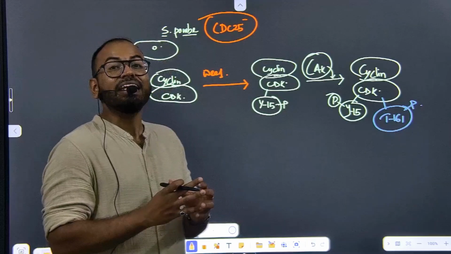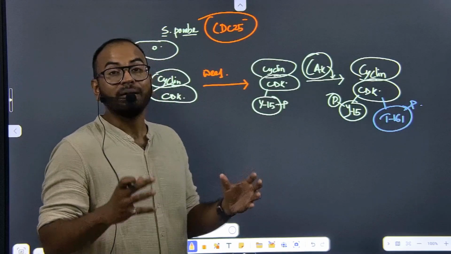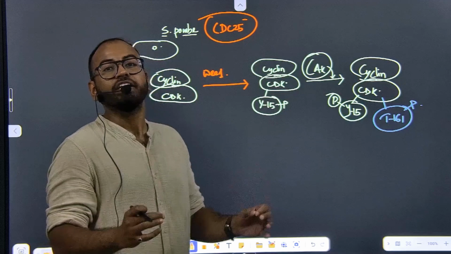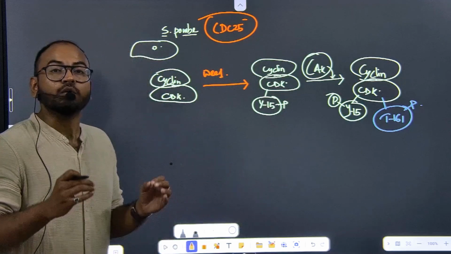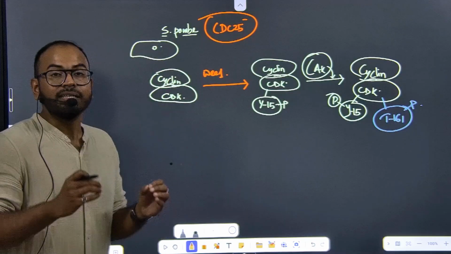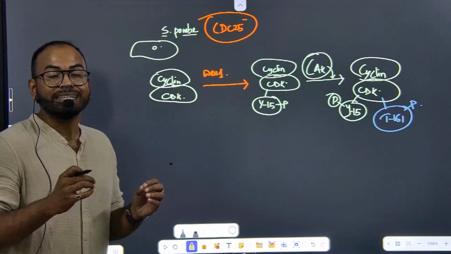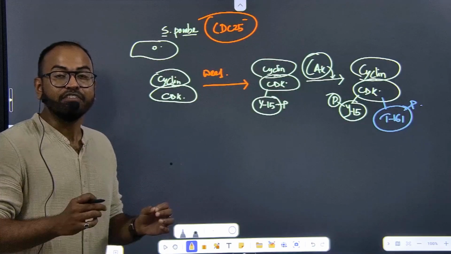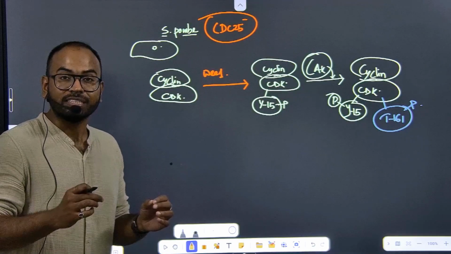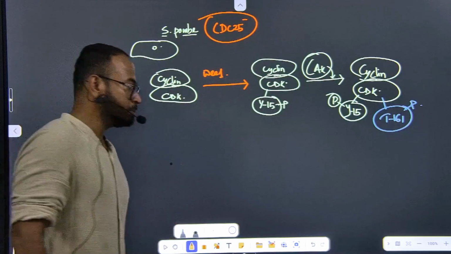So the cell will enlarge, but it won't undergo division because CDC25 cannot perform the phosphatase activity upon tyrosine 15. So both tyrosine 15 and threonine 161 will remain phosphorylated in this condition.